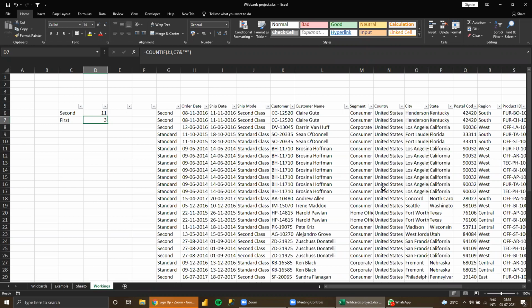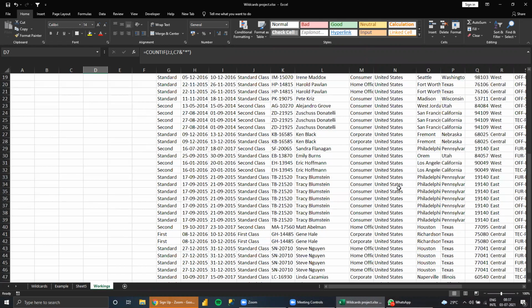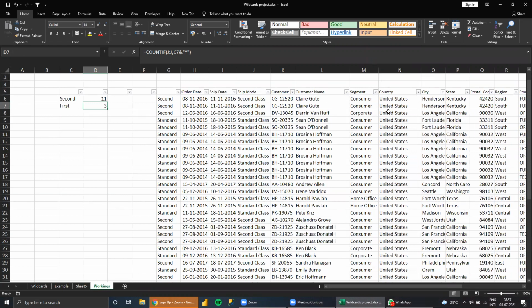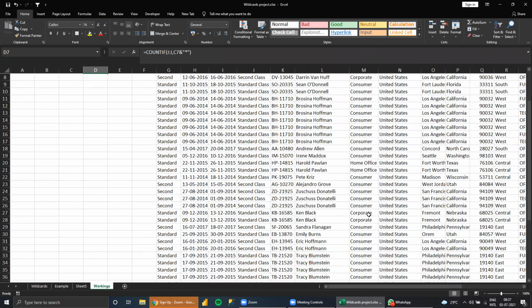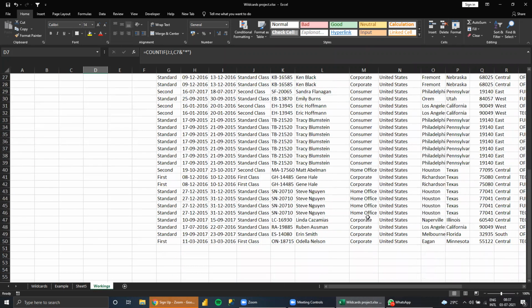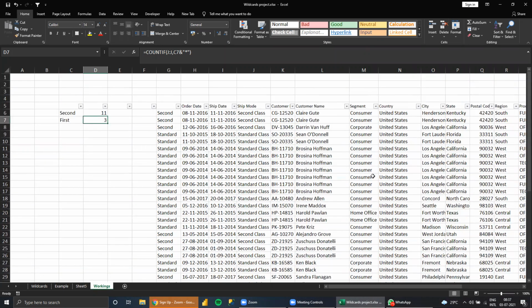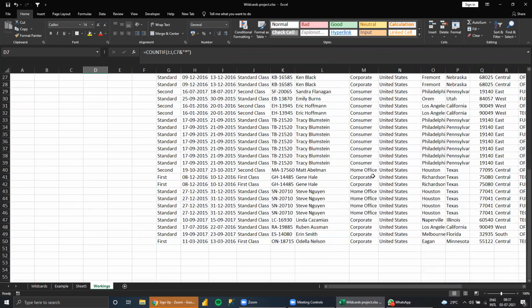Suppose example. So suppose I can see here the word I am expecting, some middle word I can take. Offices are there, only one corporate office.